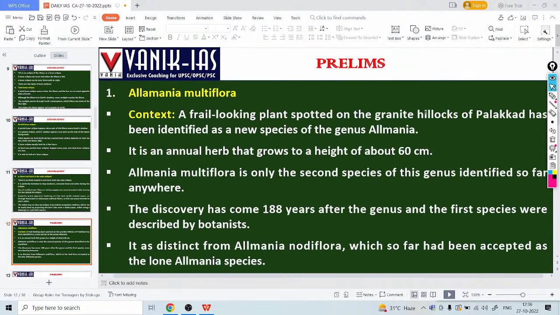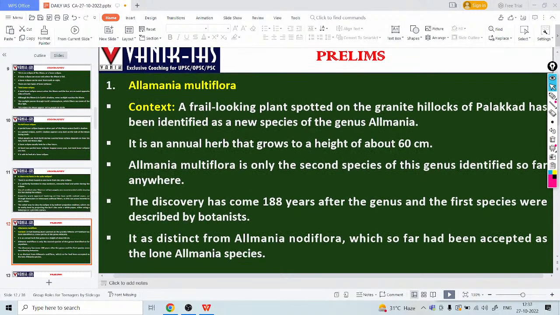Moving to the next. Almania multiflora, a frail-looking plant spotted on the granite hillocks of Palakkad, has been identified as a new species of the genus Almania. It is from botany, biological science. It is an annual herb that grows to a height of about 60 centimeters.